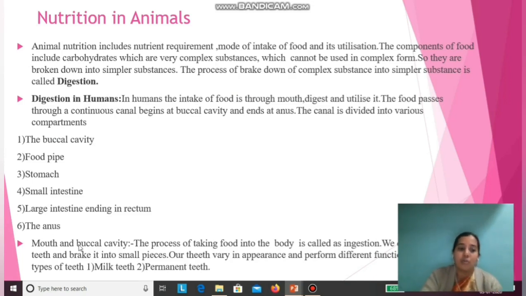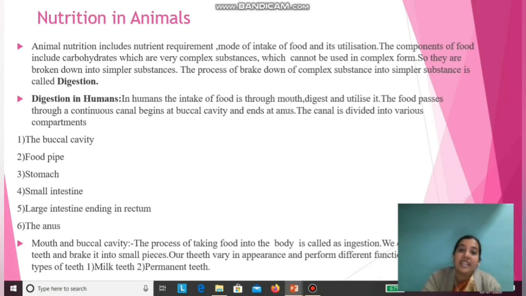When it comes to the mouth and buccal cavity, the process of taking food into the body is called ingestion. Okay, when we eat something, we start chewing it. How do we chew it? We chew it with the teeth. So the teeth help in breaking food down into small pieces.